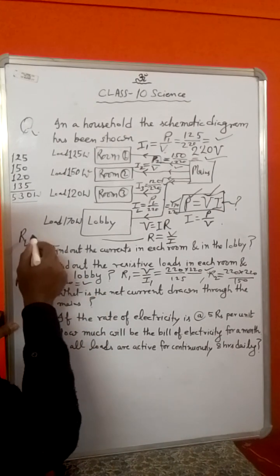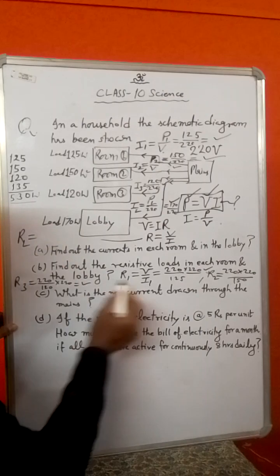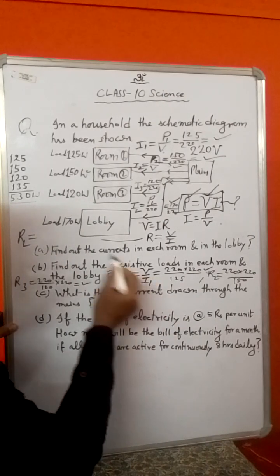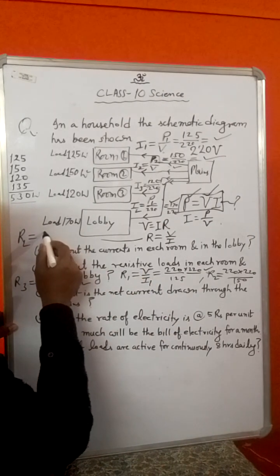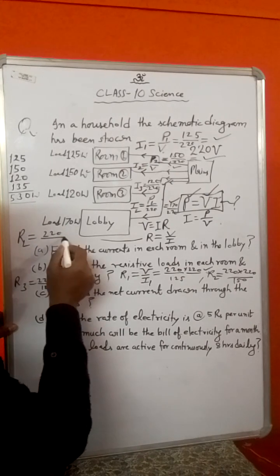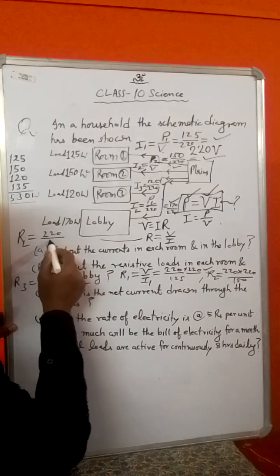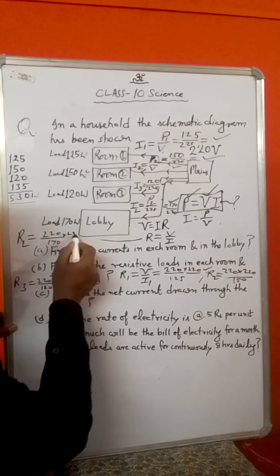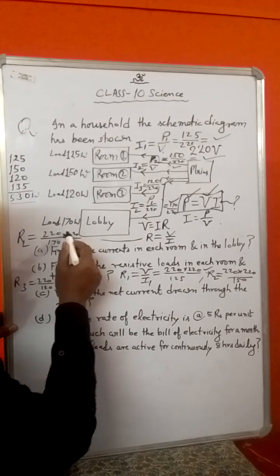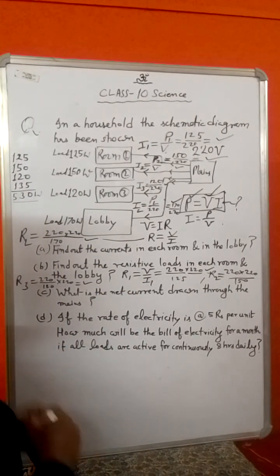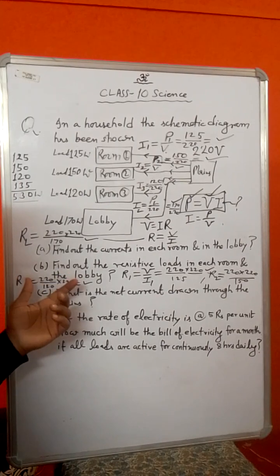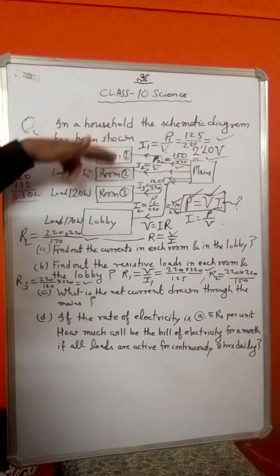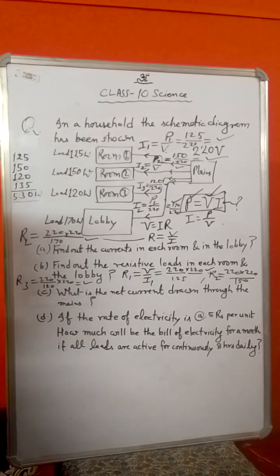And then RL is equal to, again apply the formula, 220 upon, what is the current, into 220, right? So hence we have found the values of R1, R2, R3 and RL.